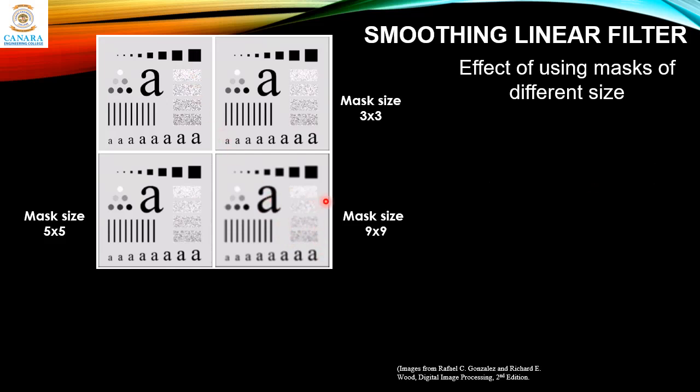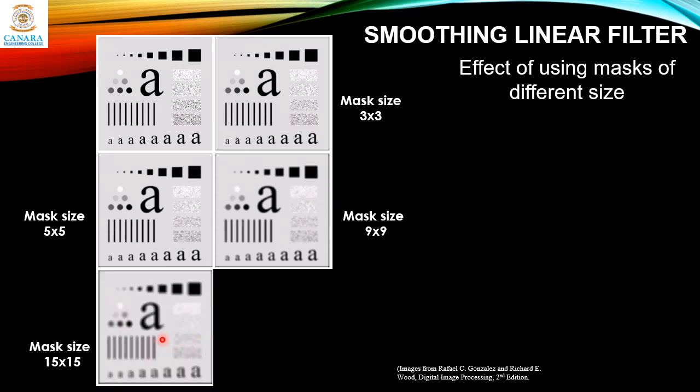It has been so much smoothed out. Next, if you increase it further to 15 cross 15, this is the outcome, and some circles have vanished. Almost, and the noise pattern has been totally removed or smoothed out here. Now increase it further to 35 cross 35.